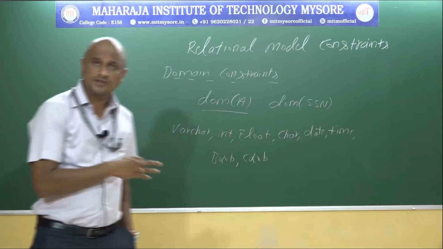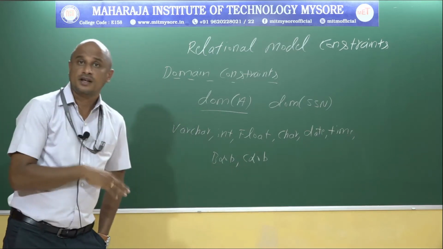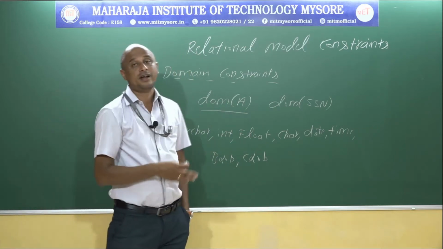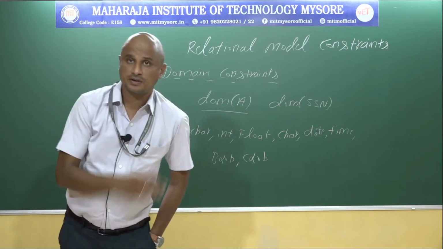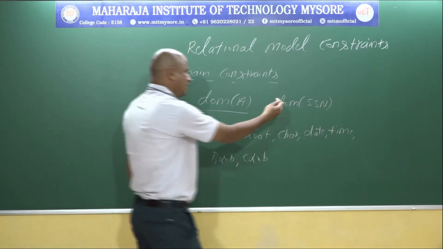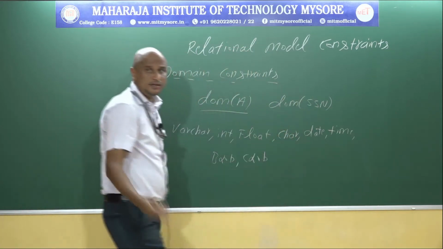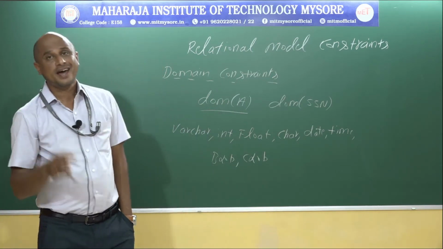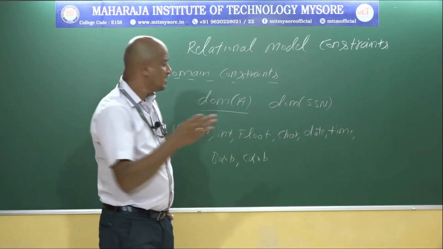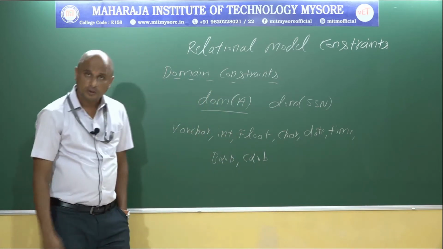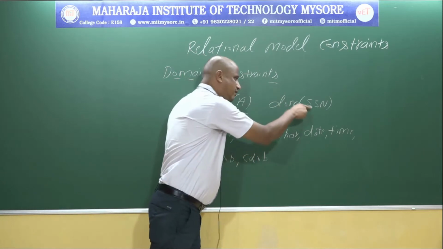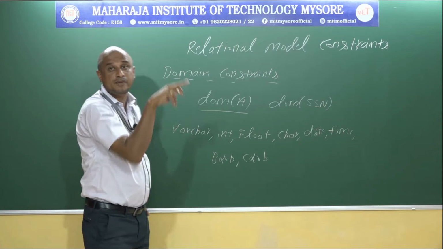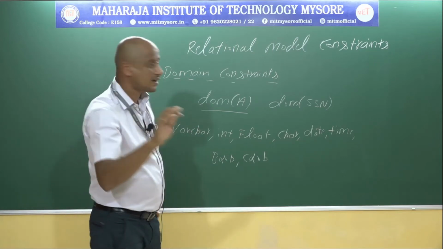These are some of the data types required to define the domain of an attribute. For example, SSN is a mix of integer and character. This comes with a domain, right. Here I don't define it with plain character because it contains both integer and character.